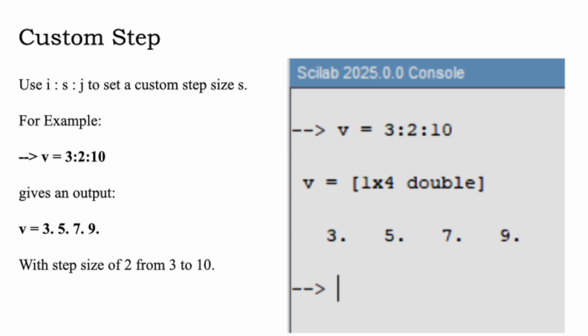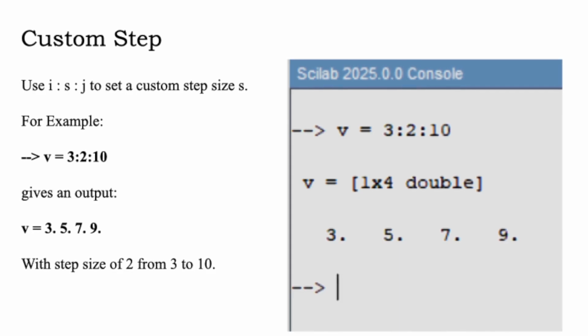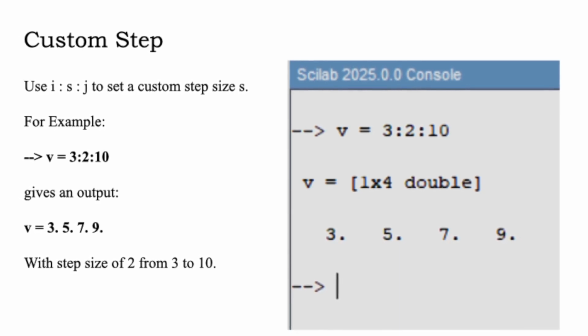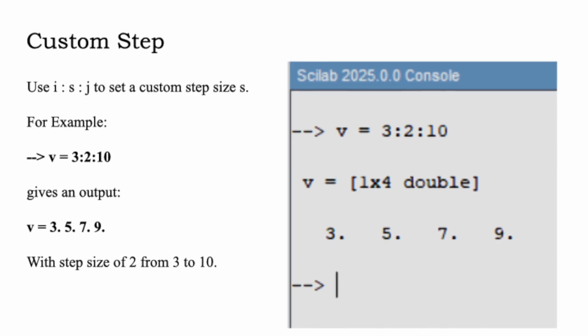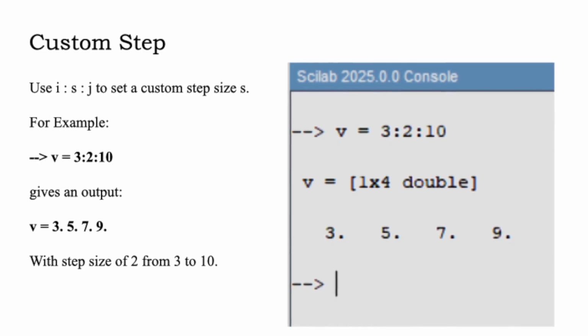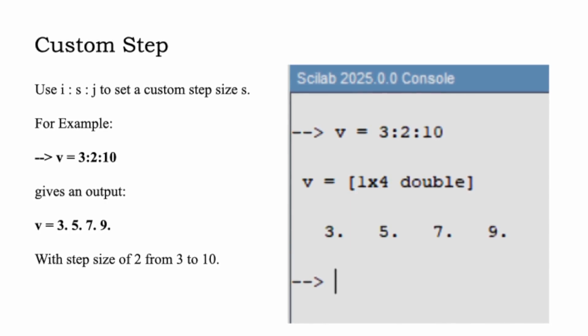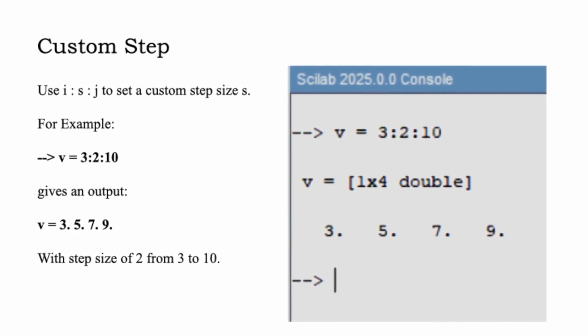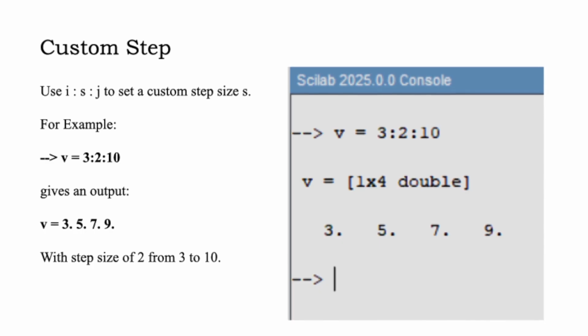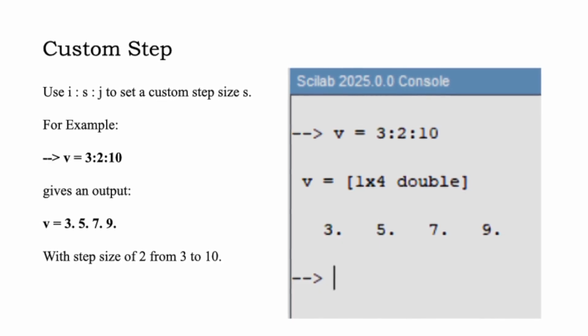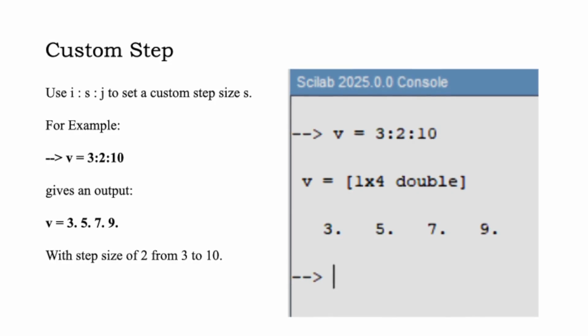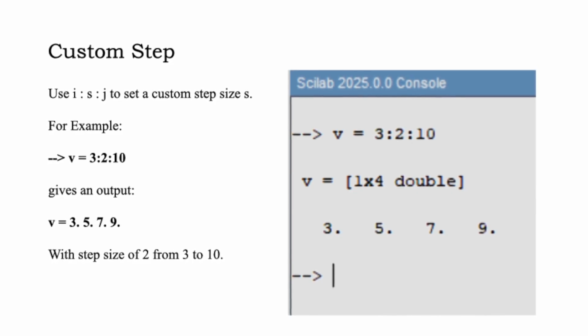Custom step. Use i:s:j to set a custom step size s. For example, V = 3:2:10 gives an output V = 3, 5, 7 and 9, with step size of 2 from 3 to 10.